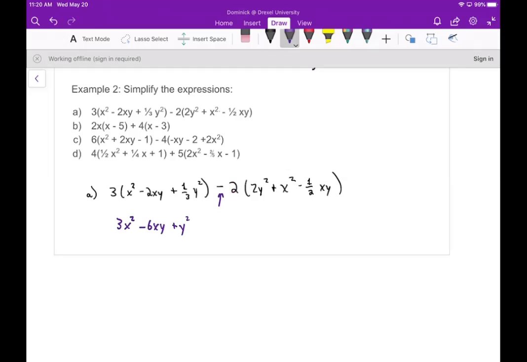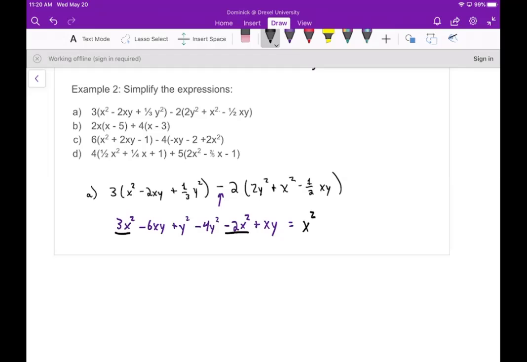Then in the second one, I'm going to get a minus 4y squared minus 2x squared, and then 2 and 1/2 cancel, and I get a plus xy. So now we can combine our like terms. So it looks like 3x squared and minus 2x squared.